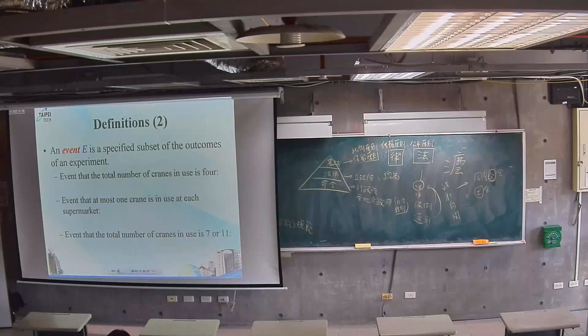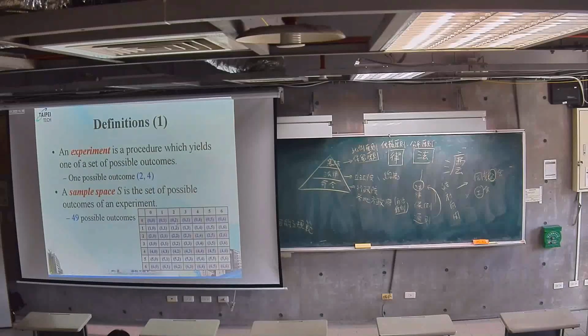Of course, we can have some specific definition on that, and it will produce a subset of the outcomes. So for example, if we would like to know the total number of cranes in use is 4, if we just do the addition on these 2 numbers of each pair, that will indicate the total number of cranes in use.